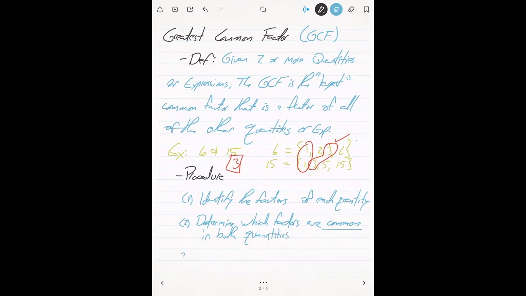We would then finally determine, of those common factors, the largest common factor. We want the one that goes into all of them, but the biggest one that goes into all of them, okay? That's the GCF for dealing with numbers.